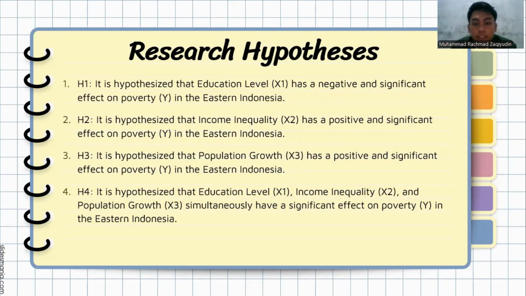Based on these theories, I formulate four hypotheses. Hypothesis 1 predicts that educational level has a significant negative effect on poverty. Hypotheses 2 and 3 predict that income inequality and population growth have a significant positive effect on poverty. And hypothesis 4 expects that all three variables have a significant simultaneous effect.